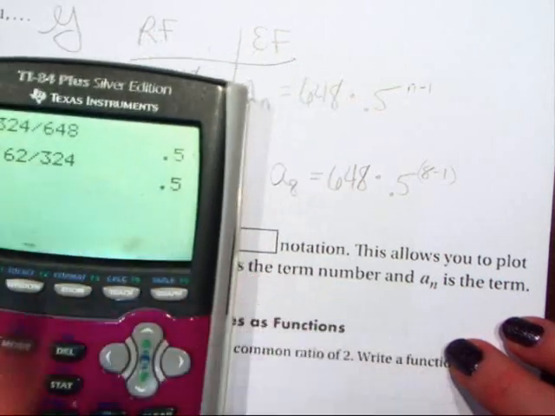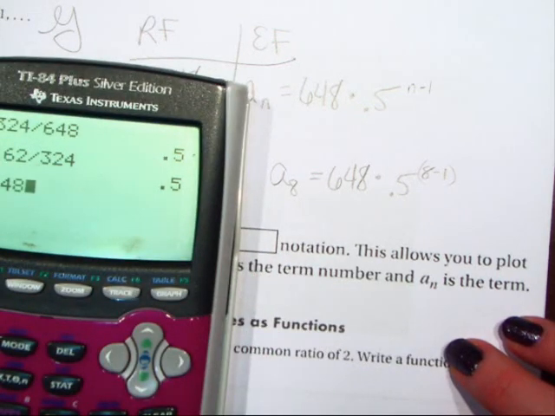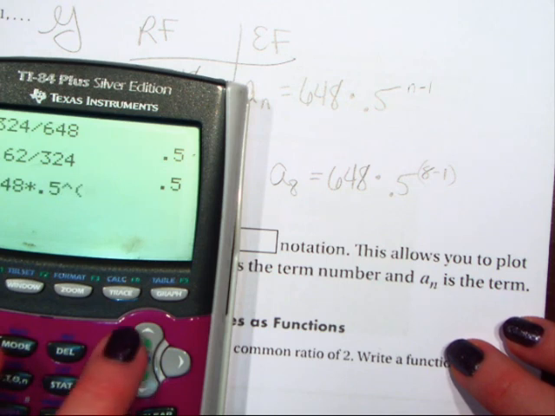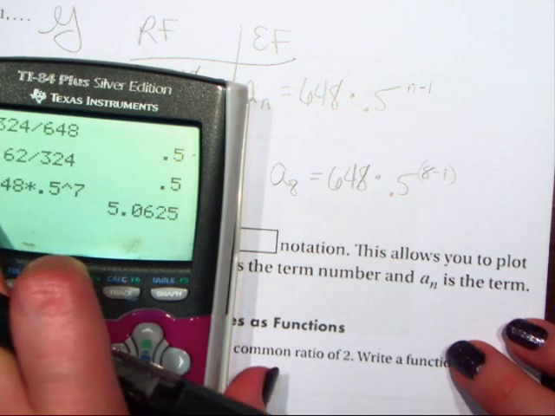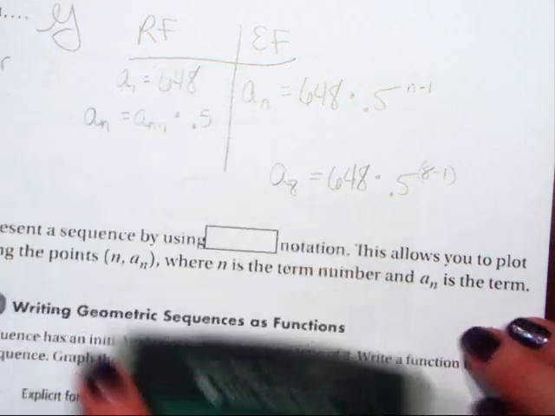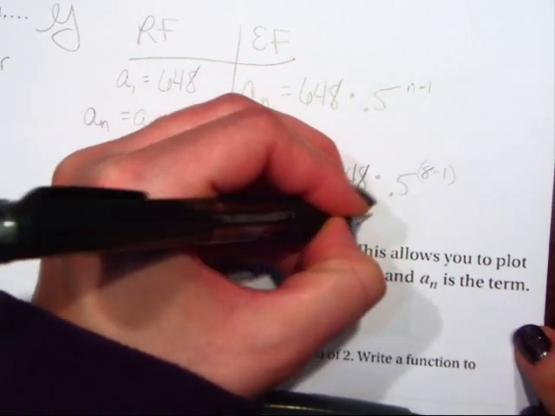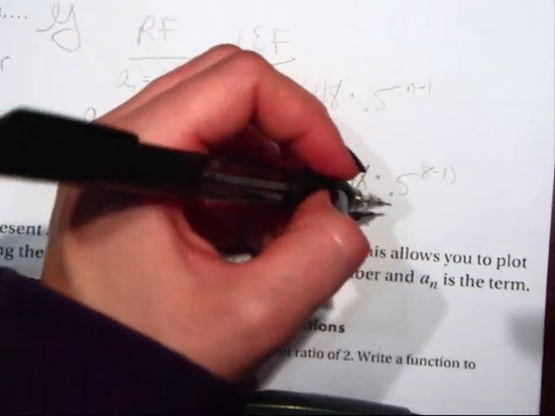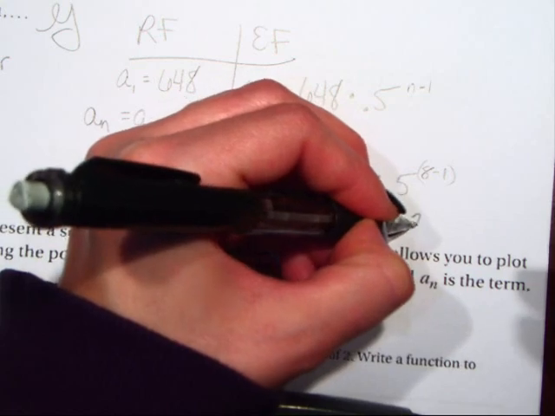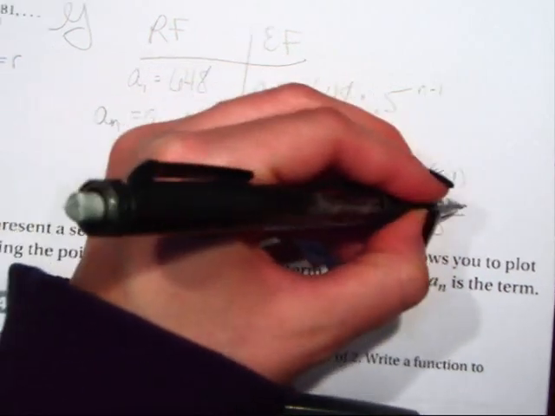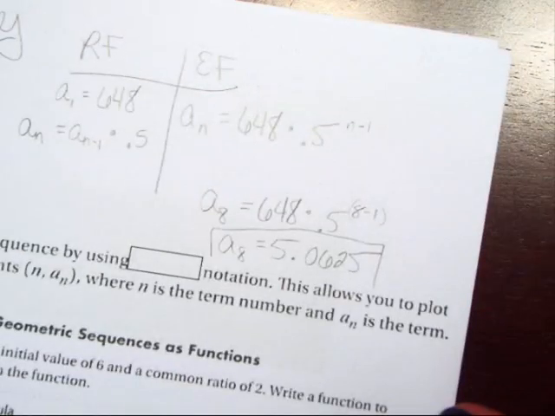So I'm just going to put that in the calculator. 5.0625 is the answer. So if you did that sequence 8 times, in other words, if you kept continuing with your common ratio 8 times, you would come to 5.0625.